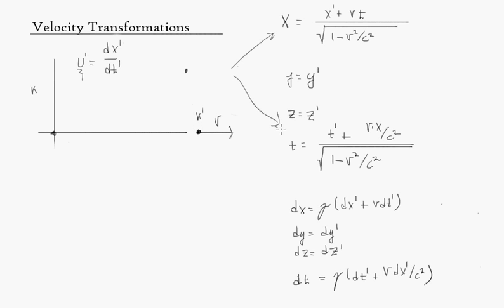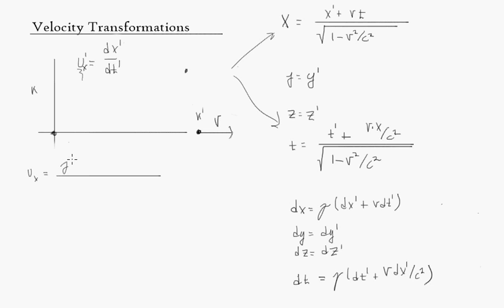So basically what we're going to do here is find the velocity with respect to x, which is dx over dt. This would be the velocity with respect to x. dx prime over dt prime, well, we know what that is. And it is this guy over this guy.